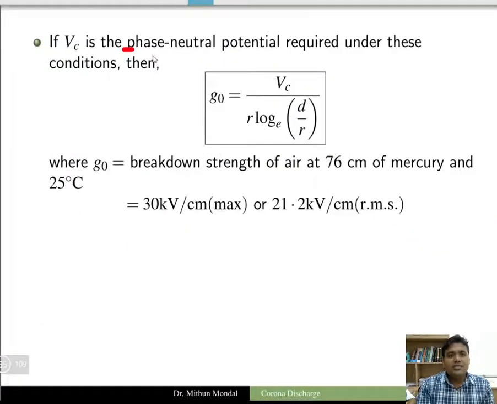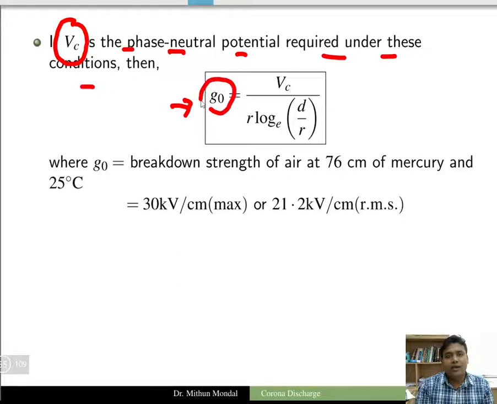So if Vc is the phase to neutral potential required under these conditions, this Vc is the voltage that is required to produce the corona, then G naught, that is the breakdown potential of the air, is equal to Vc divided by r log_e (d/r), where G naught is breakdown strength of air at 76 centimeter of mercury and 25 degrees centigrade temperature, which we have discussed.